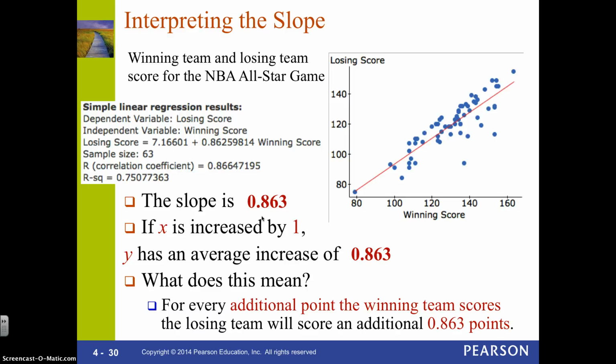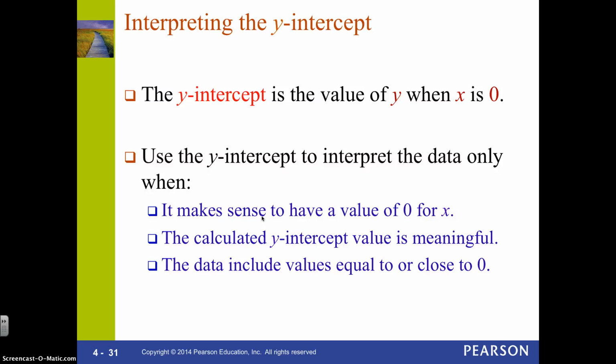So x is always increased by 1, and your y is going to have an average increase of the slope. How about if I want to interpret the y-intercept? Remember, a y-intercept is the value of y when x is 0. So it gives you the value of the variable on your vertical axis when the variable on your horizontal axis is 0.